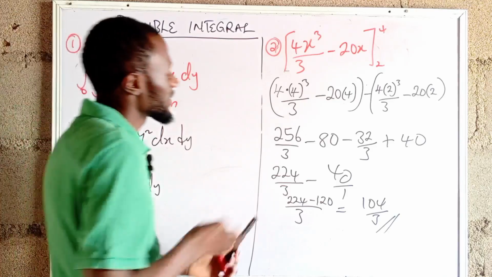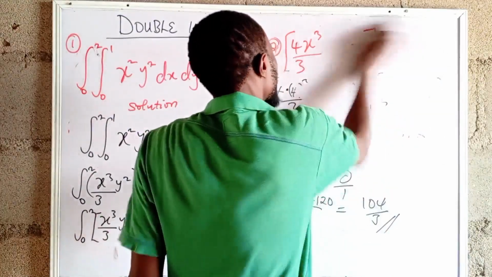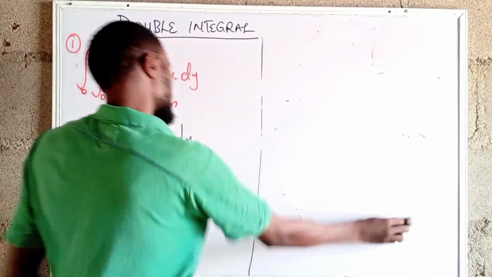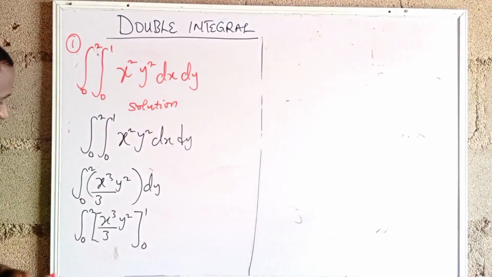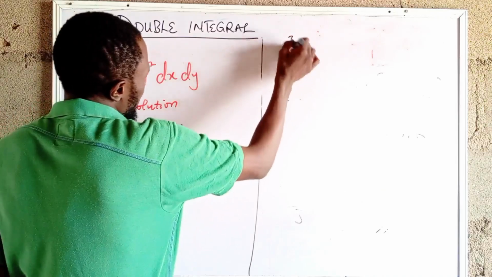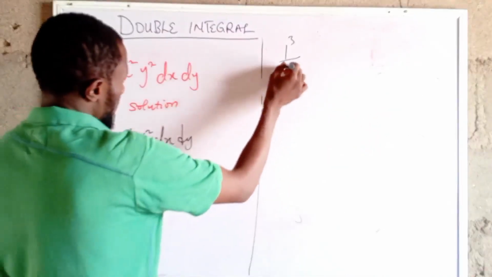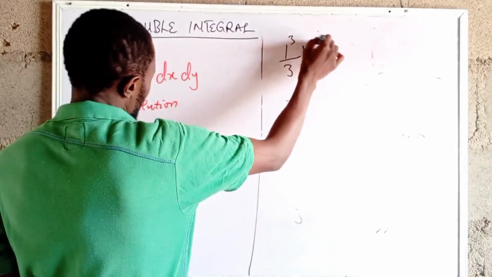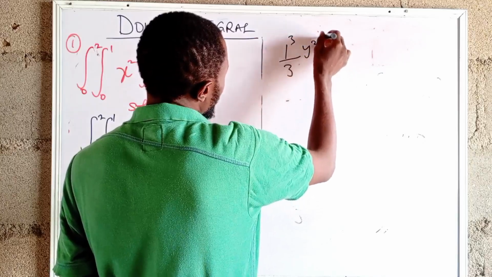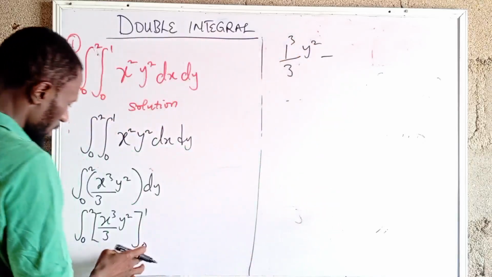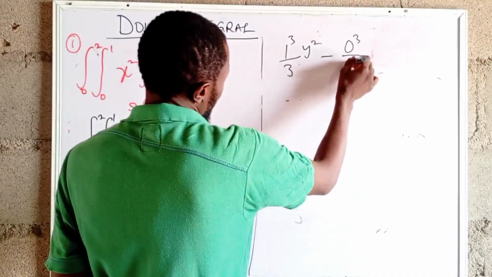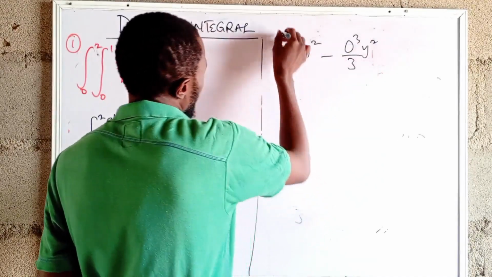Now by taking the inner integral, we have the first one, 1 all over 3 y square, minus 0 over 3 y square.